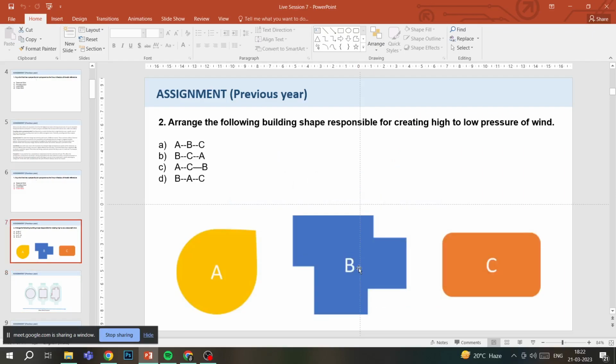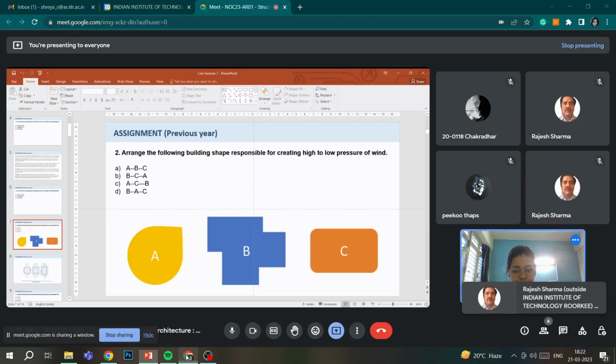So going back to the question again, we have to answer it from high to low pressure wind. So we have to first pick which will have the highest pressure of wind happening.